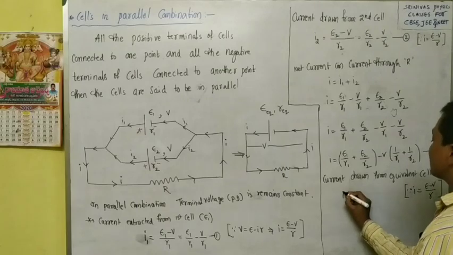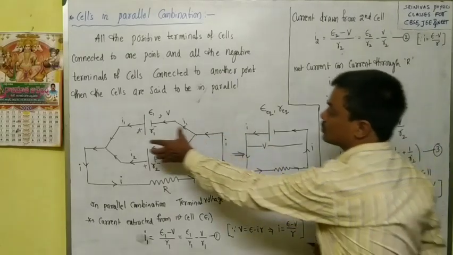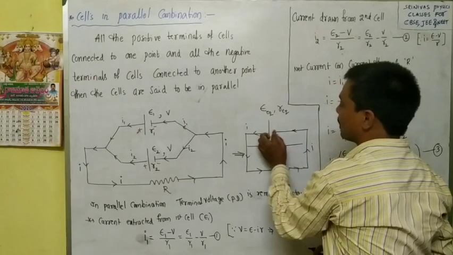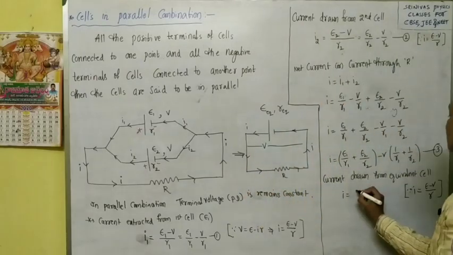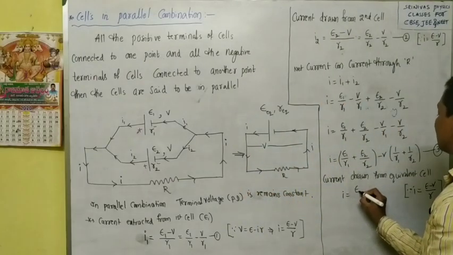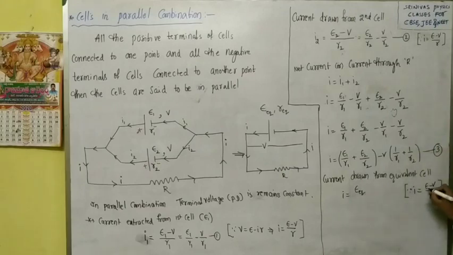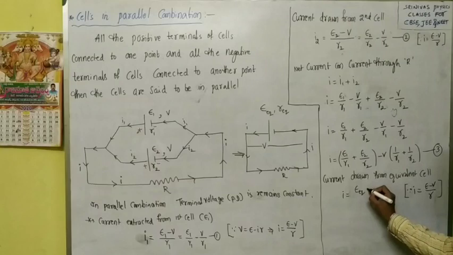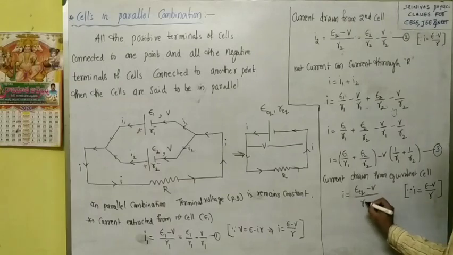The total current extracted: these two cells combined act as one cell, then the current extracted from that cell is I is equal to E equivalent, the total EMF, minus V, since the potential difference is the same in parallel combination, by R equivalent.